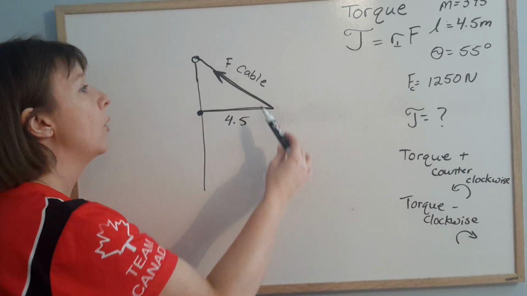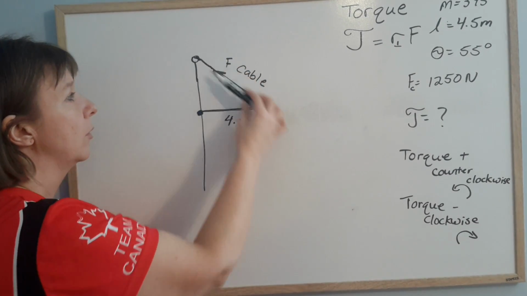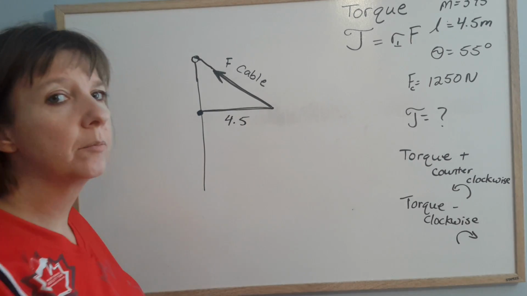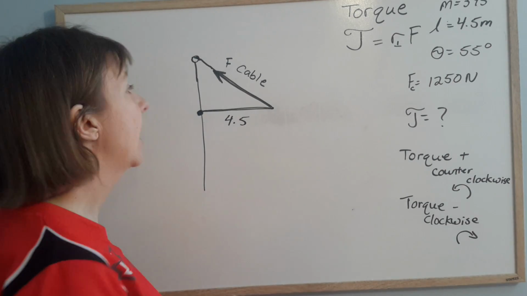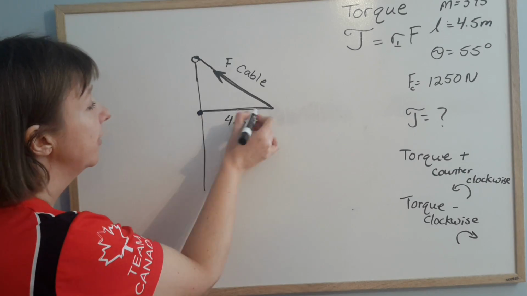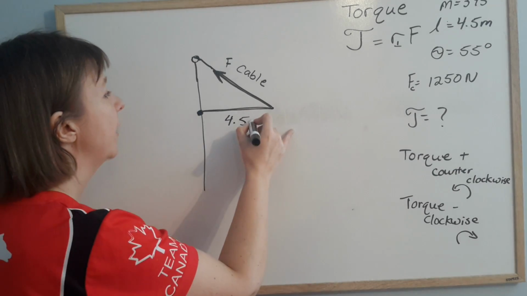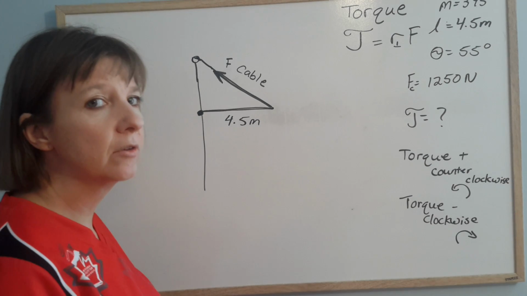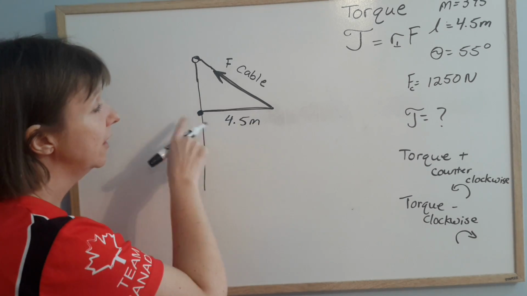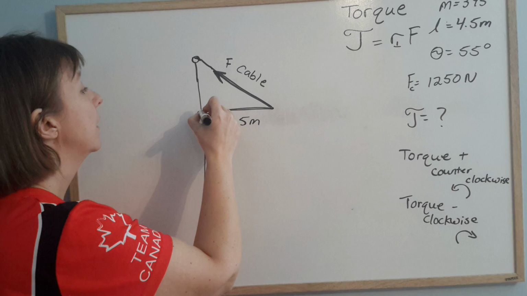If the force of the cable is going this way, the lever arm distance must be exactly perpendicular. This line is not perpendicular, so that line is actually not your lever arm distance. That's just the length of the crane arm.